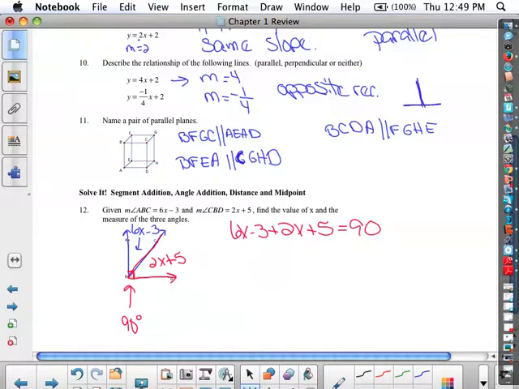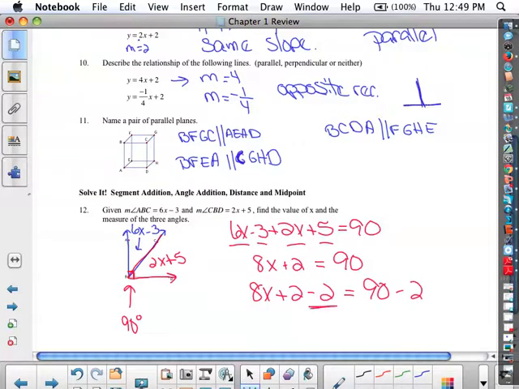They are complementary angles. Combine like terms, I have 8x and then plus 2 equals 90. So 8x plus 2 minus 2 equals 90 minus 2. Okay, notice I'm subtracting the same quantity from both sides. On the left, they'll cancel. I will get 8x, sorry, that's minus, is equal to 88.